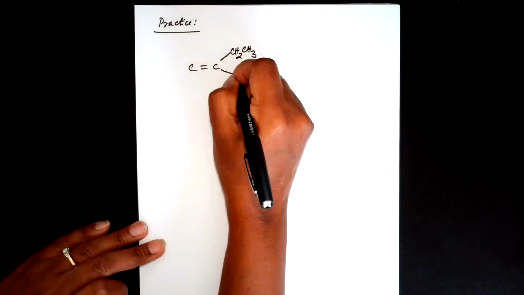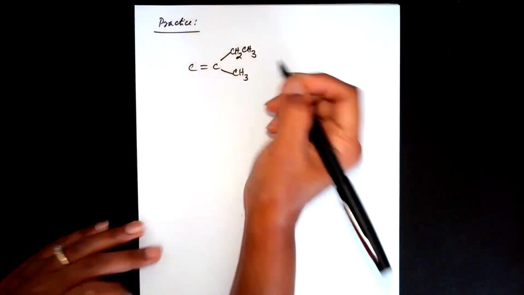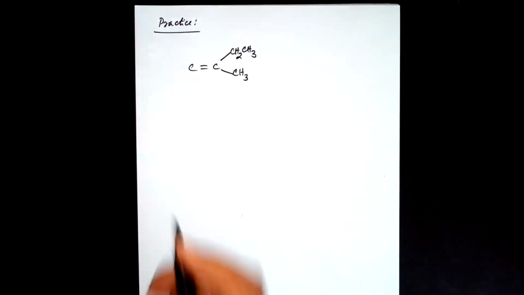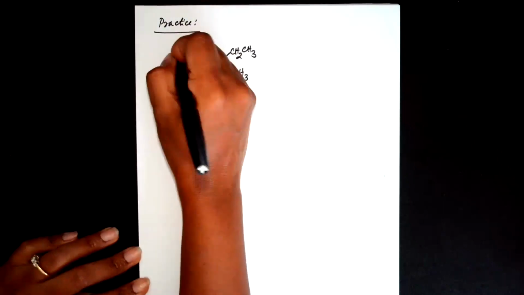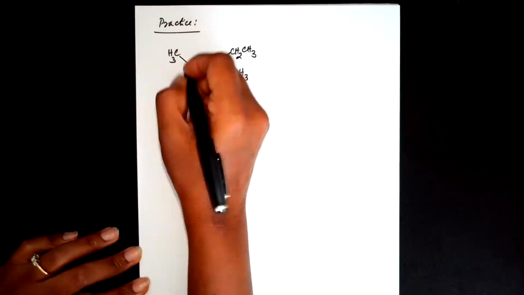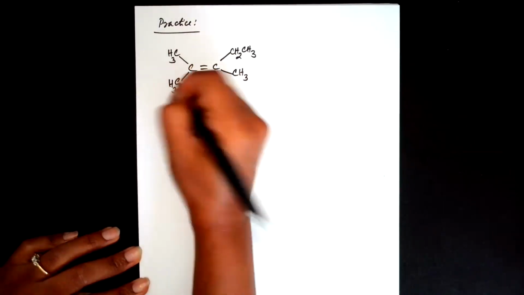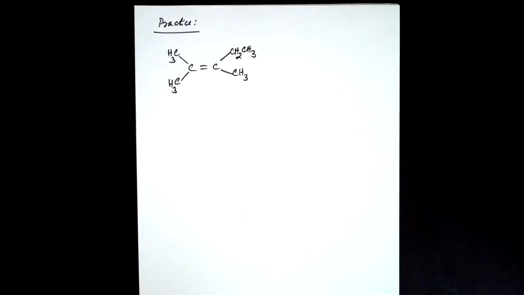On the other side, I give you a CH3, and then for the other carbon, I give you two CH3s. Will I be able to call this any of the ones that I learned before? Cis, trans, E, Z? Well, let's find out.